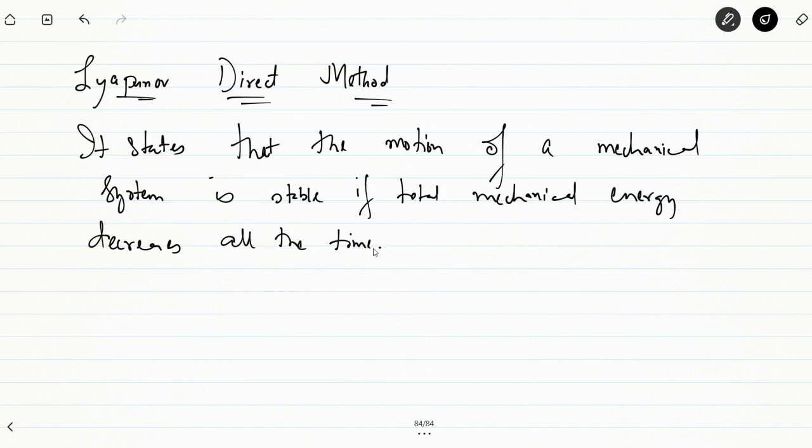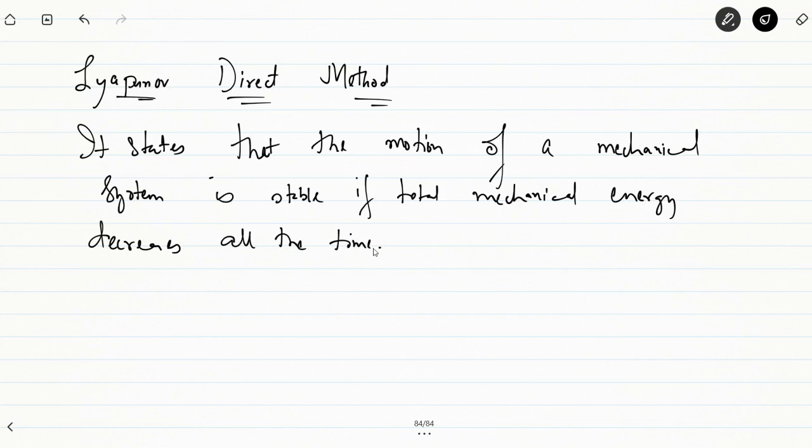So this method, dealing with the energy concept, states that the motion of a mechanical system will be stable if the total mechanical energy associated with this system is decreasing all the time.